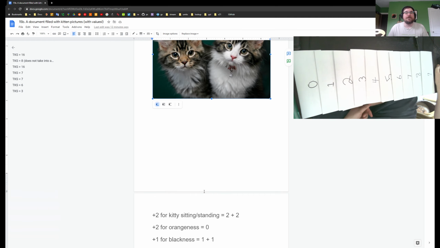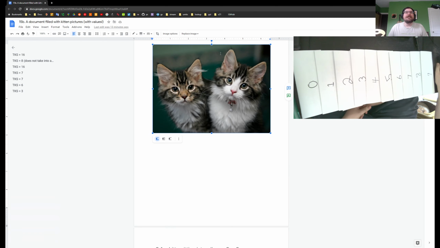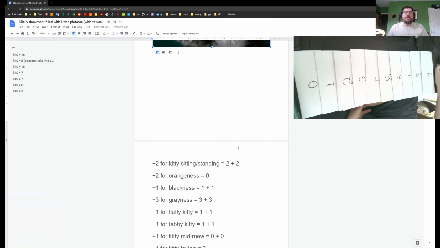So let's talk about the total kitten score. How total kitten score works, this is my creation. Millions of dollars were spent of grant money to come up with this total kitten score. Every kitten in an image is given a kitten score, and then the total kitten score is the sum of the kitten scores of all the kittens in the picture.